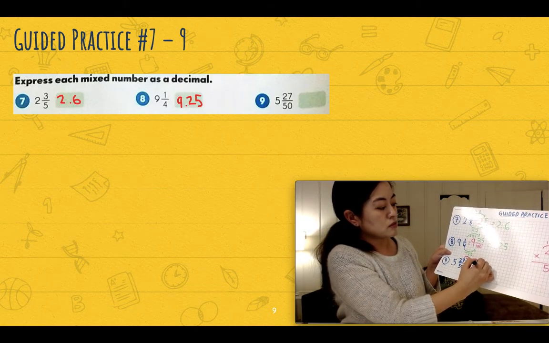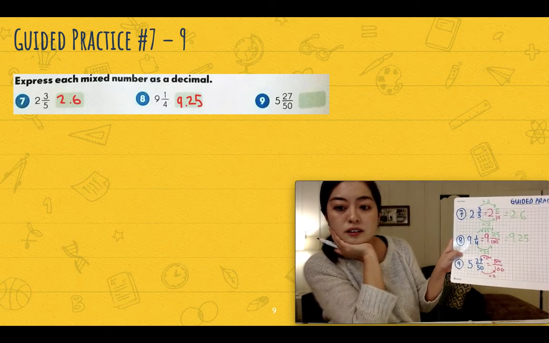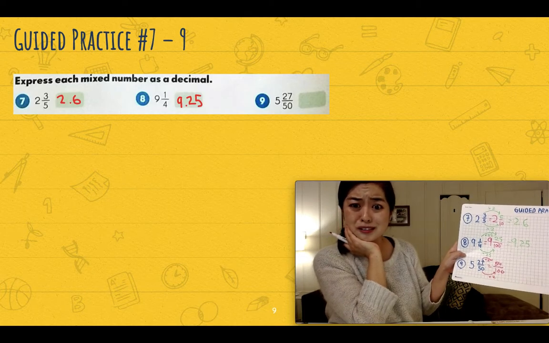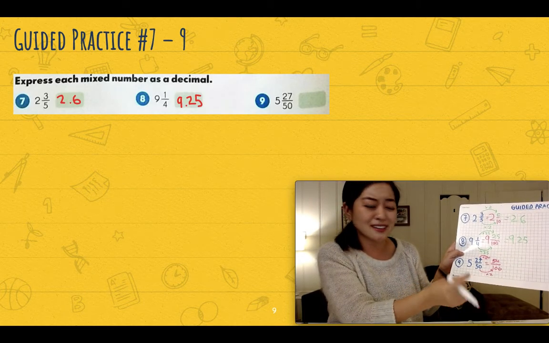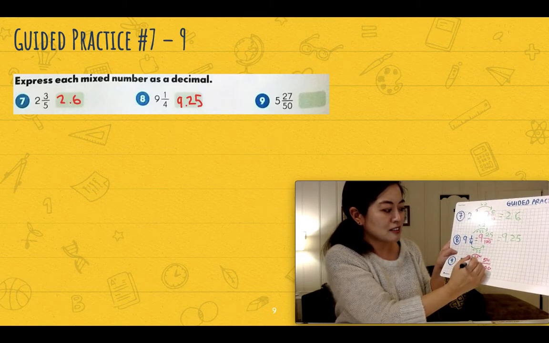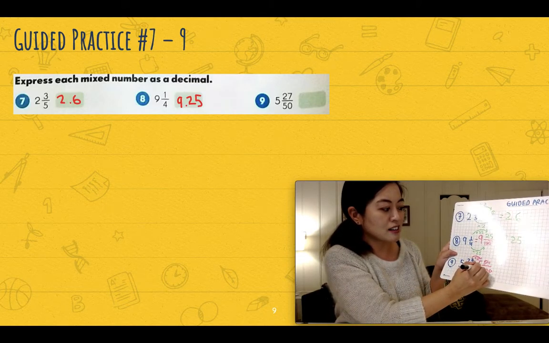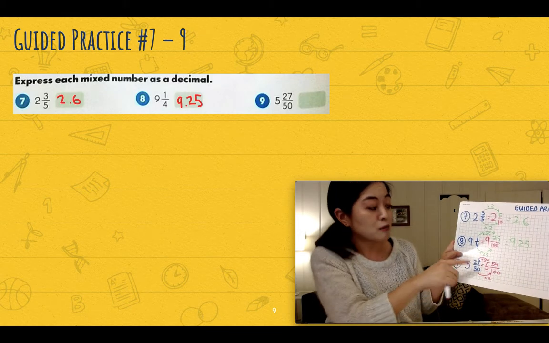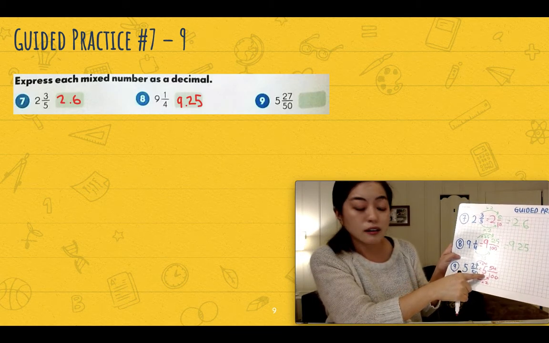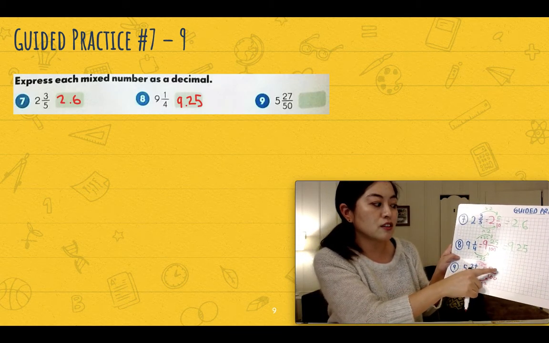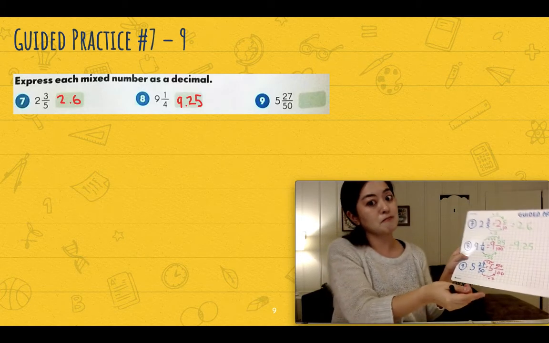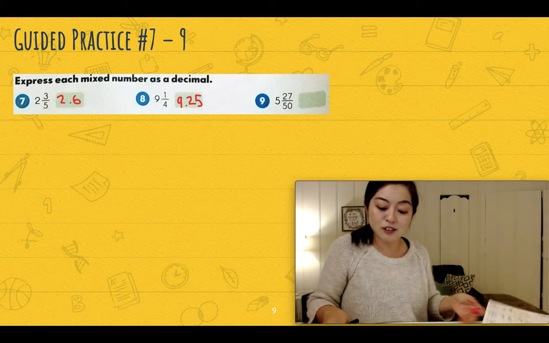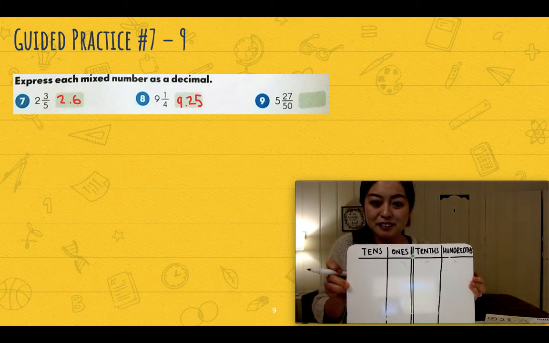So this becomes 54. Oh no, do you see what I forgot? I forgot to write my whole number. Oh, Mrs. Jones. So let me just squeeze it in here. So now I'm going to read this out loud. I'm going to read this as 5 and 54 hundredths. Now that I read it out loud, I know where to put it in my place value chart over here.